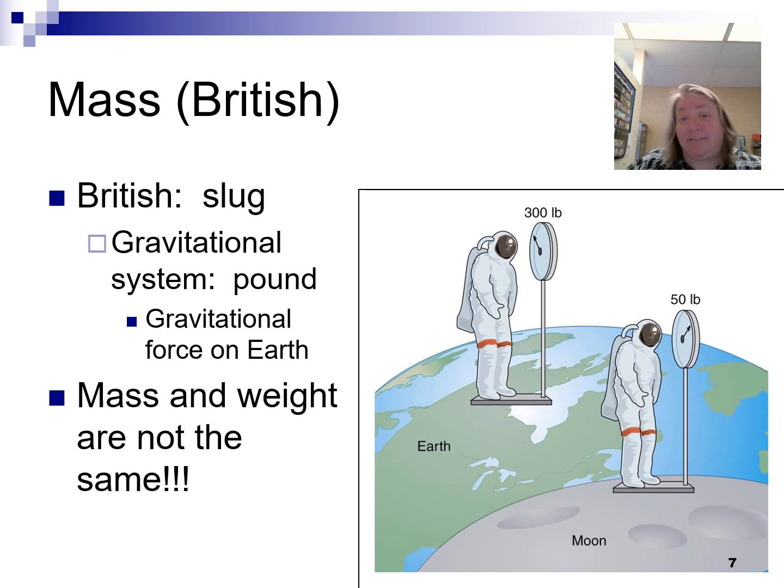And if you took that same exact astronaut and put them on a space shuttle in outer space where they have microgravity or zero gravity, then they would have no weight. They're weightless, but they still have mass associated with them. So mass and weight are not the same. Mass is measured in kilograms.